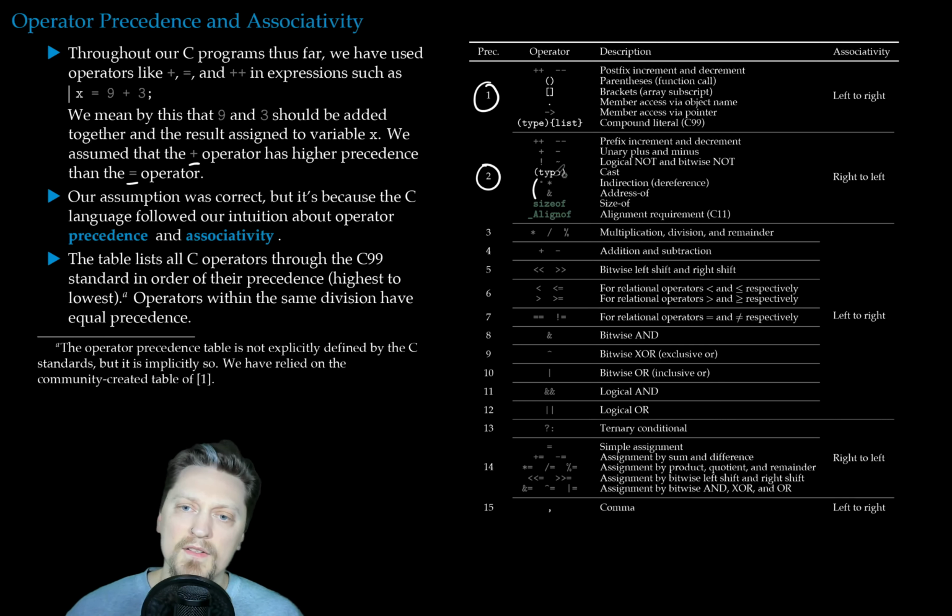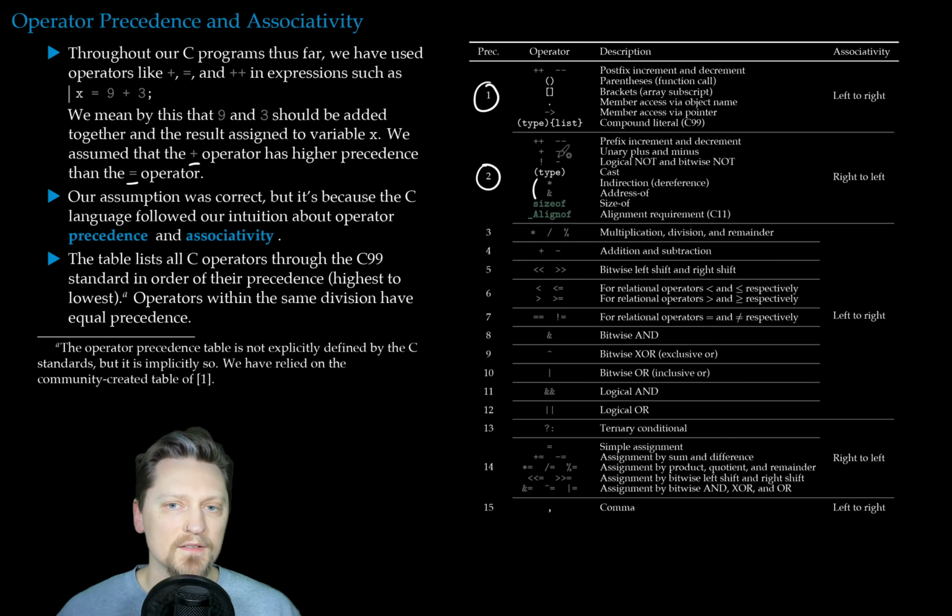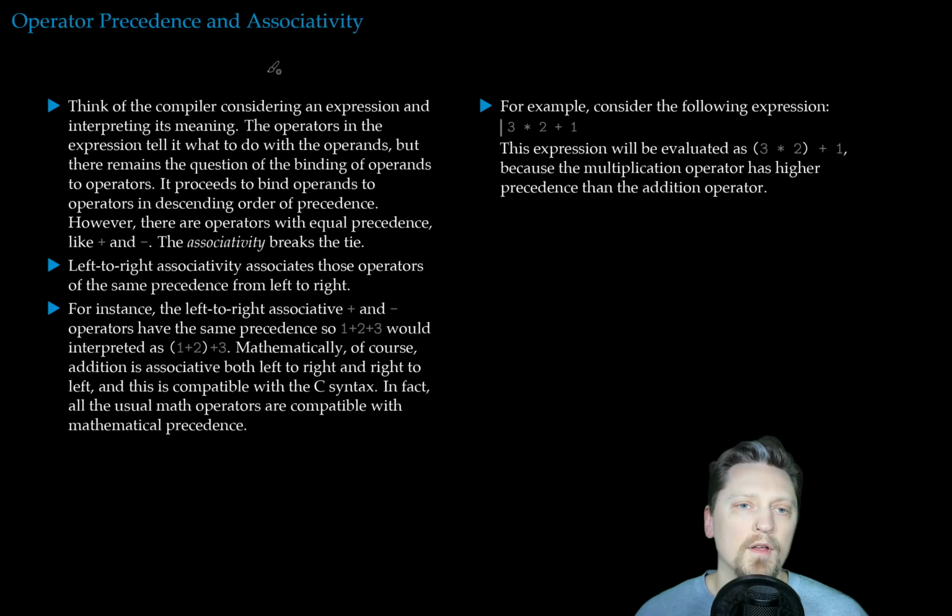But notice that there are some that have the same precedence, right? And when they have the same precedence, we have to fall back to associativity to determine which operands will bind to which operators. Think of the compiler considering an expression and interpreting its meaning.